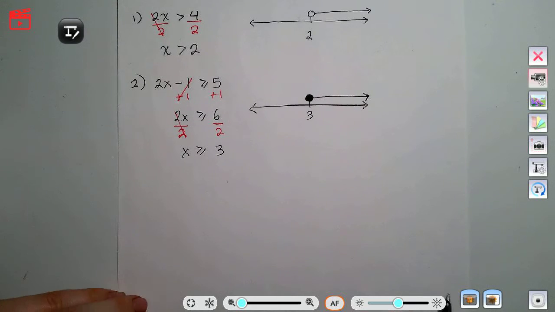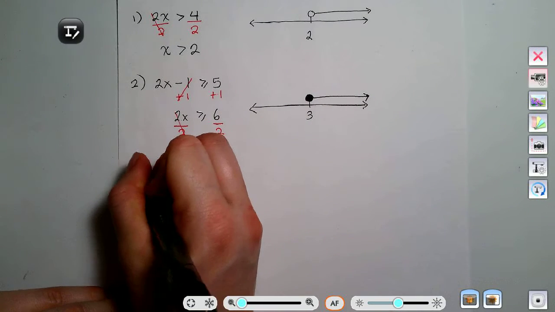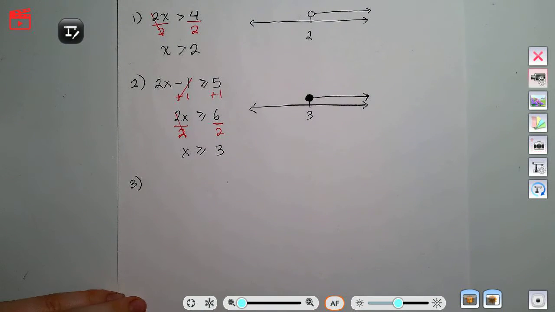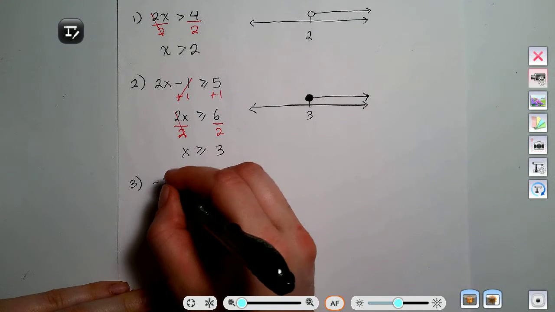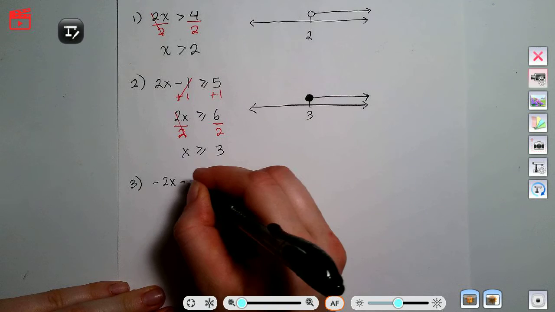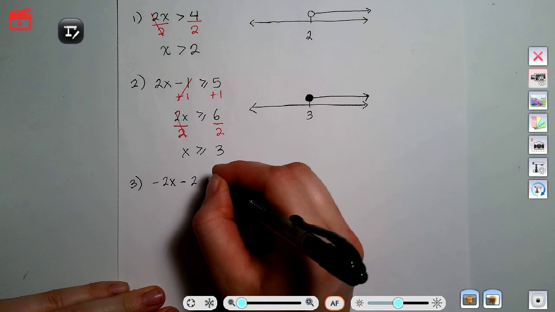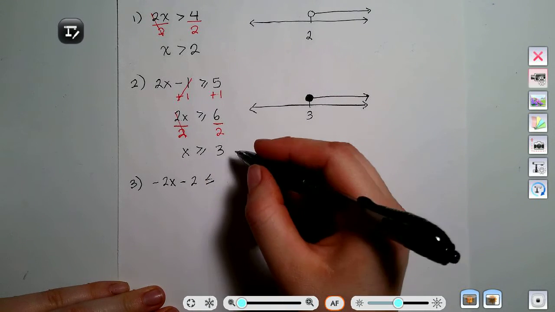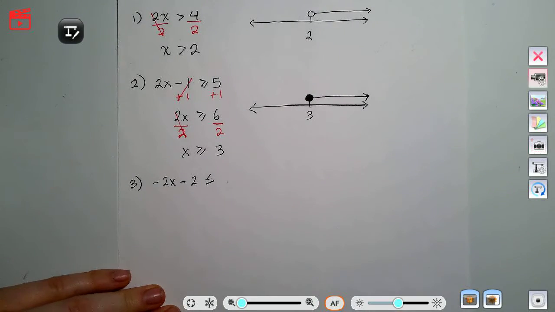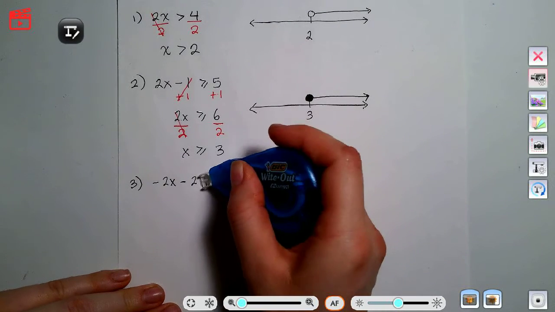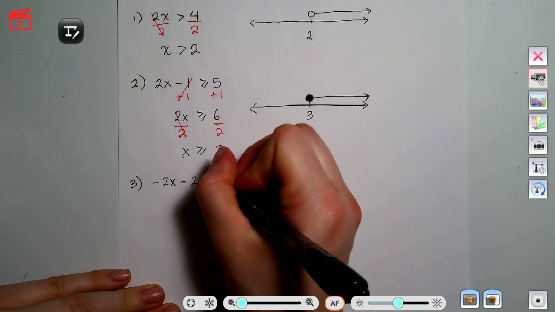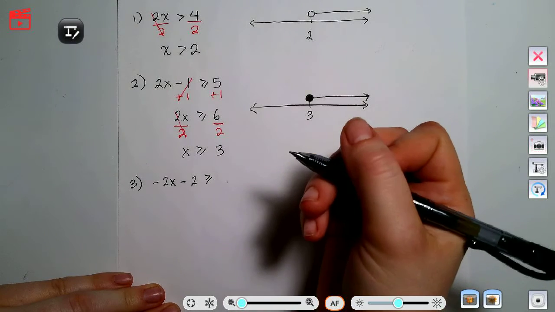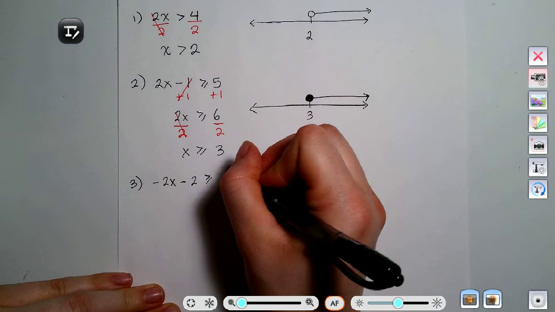All right, so we're going to do problem number 3, and this has that little trick that we're going to do. So if I have negative 2x minus 2, which is greater than or equal to 6.